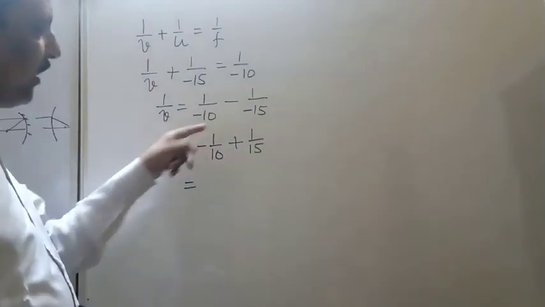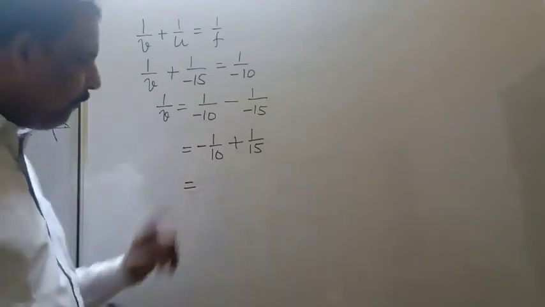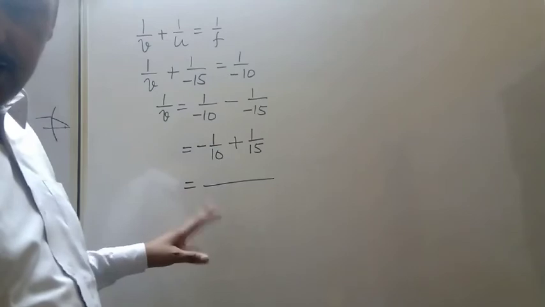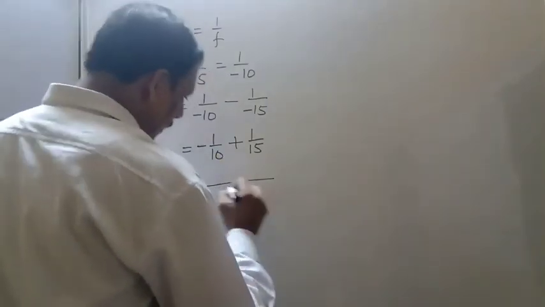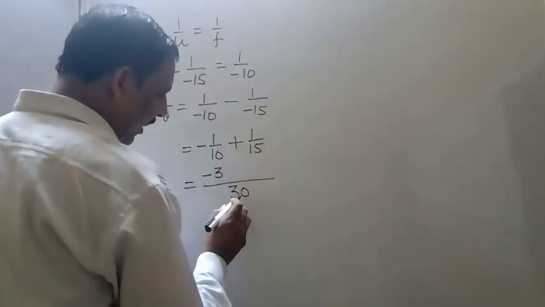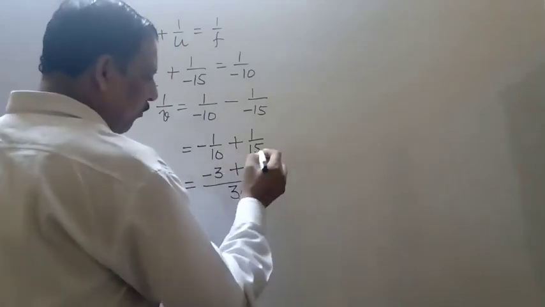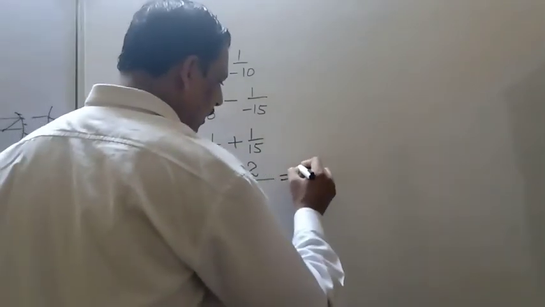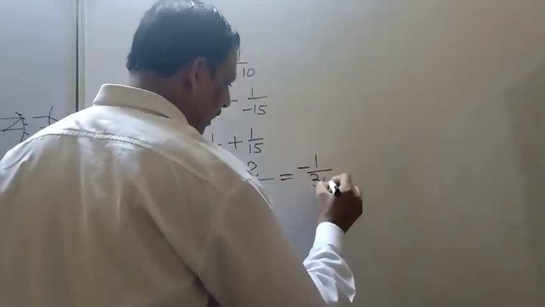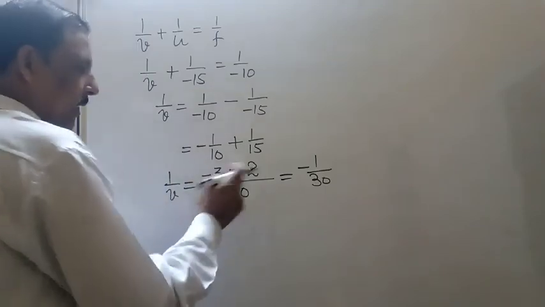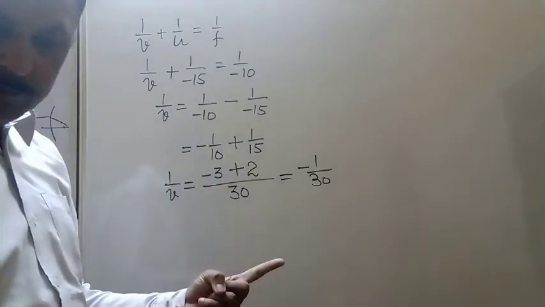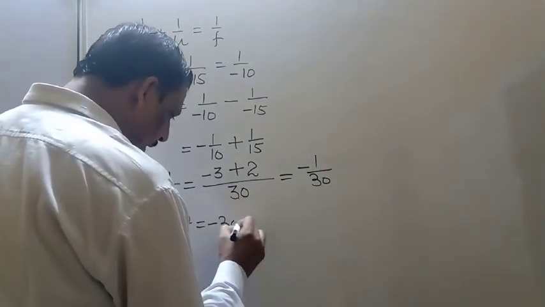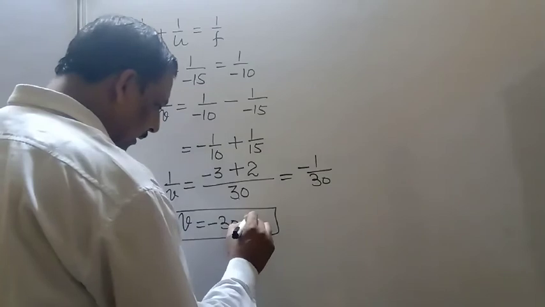The negative on this side gives plus 1 upon 15. Now these are in fraction form, so we can take the LCM, which is 30. So minus 3 plus 2, since 10 3s are 30 and 15 2s are 30. This comes out to be minus 1 upon 30. When we cross multiply, v is equal to negative 30 centimeter.